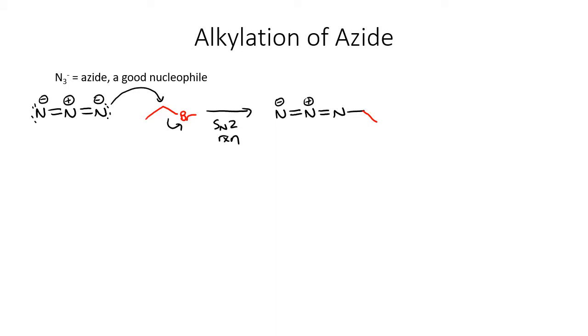Now for the second step of the reaction, and this is a completely separate step, we're going to treat this molecule with LAH, and we're going to perform a reduction. In the end, we will generate a primary amine connected to 2 carbons, as well as nitrogen gas.